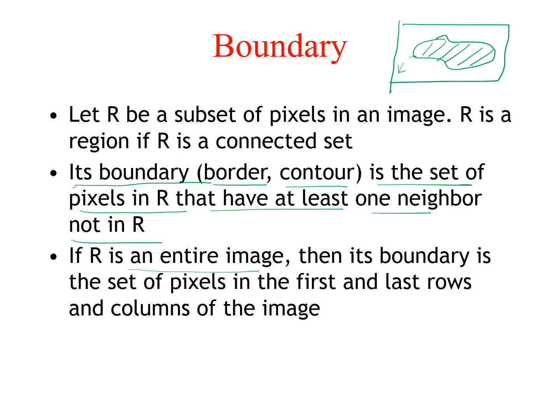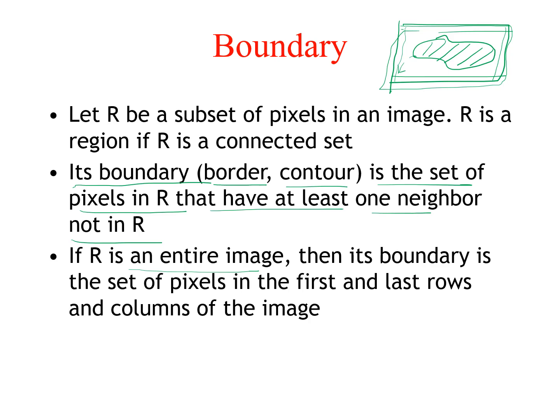Understood? So if this is the image and I am talking about this boundary, obviously then its boundary is the set of pixels in the first row, last row, first column and last column.